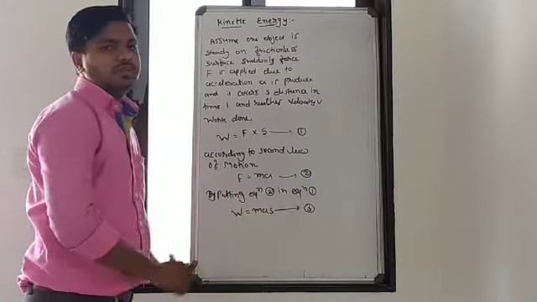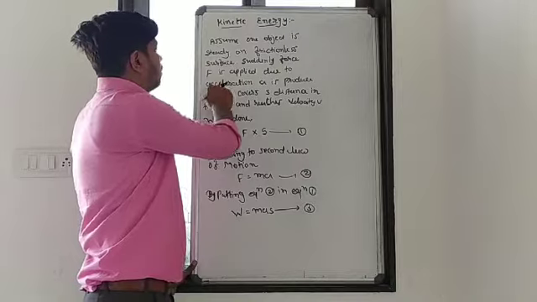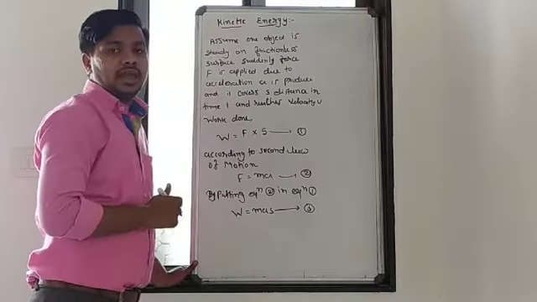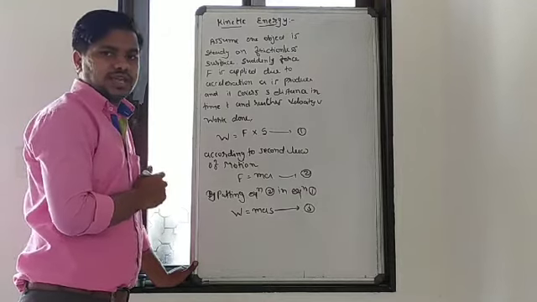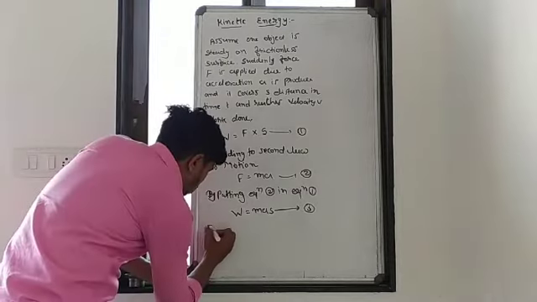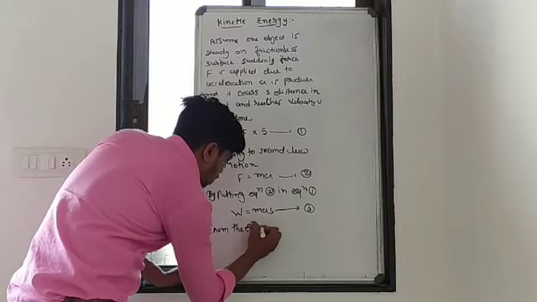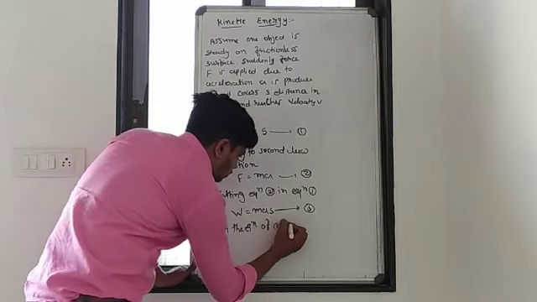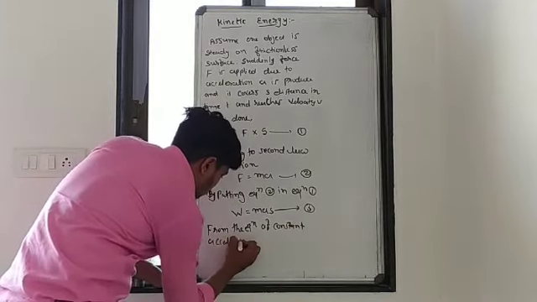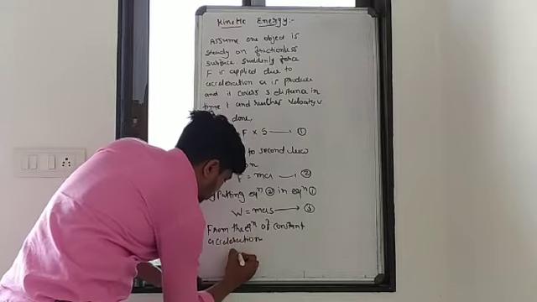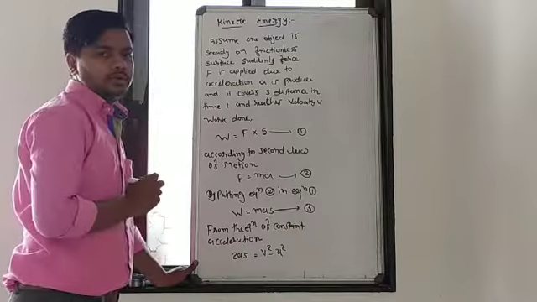Equation number 3. Now, that object is moving with constant acceleration A. So we can use the constant acceleration equations of motion. From the equation of constant acceleration, 2as is equal to v square minus u square.